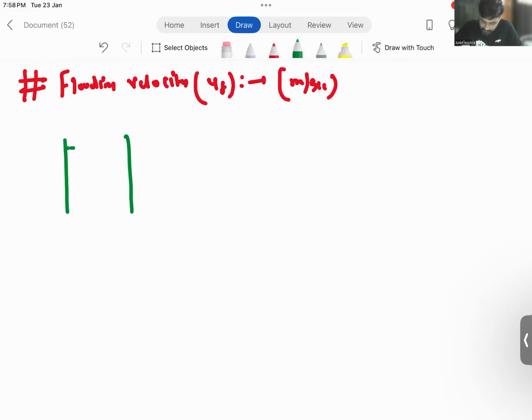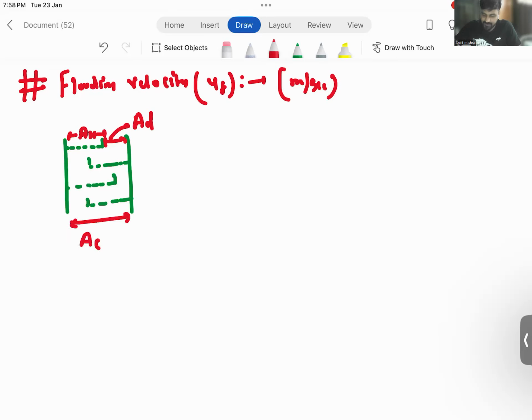So you'll see the tray will look like this one, right? I have told you in my previous lecture, this one is your downcomer area, this one is the normal area through which the vapor will be flowing, and the whole area is called the cross-sectional area AC.